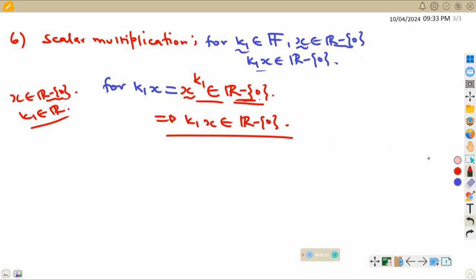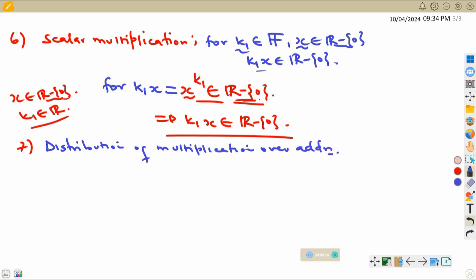We look at number 7. Axiom 7, we shall be talking about a distribution. So we shall talk about distribution of multiplication over addition.